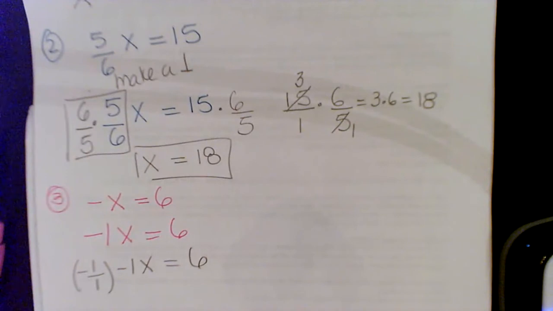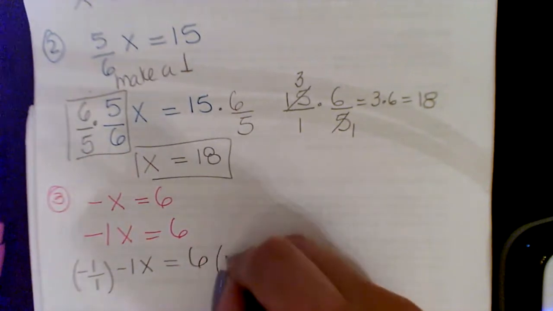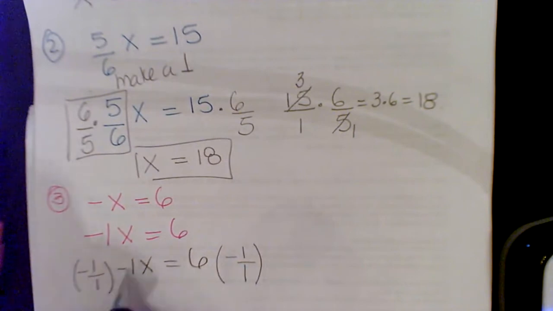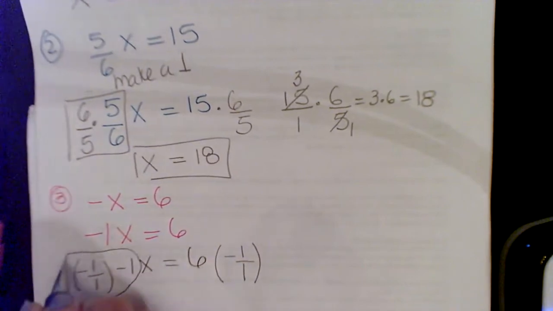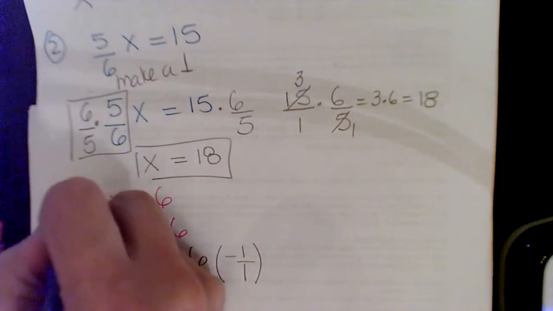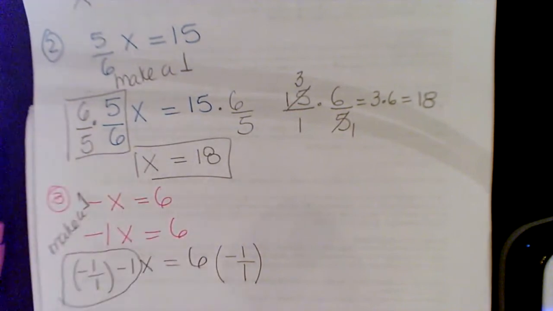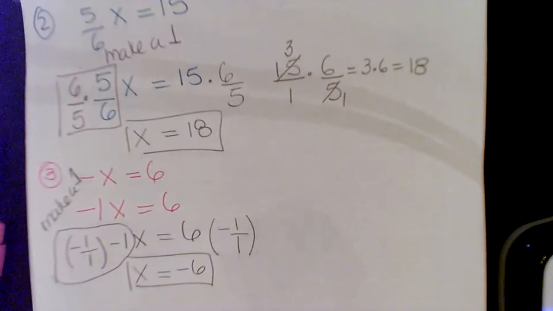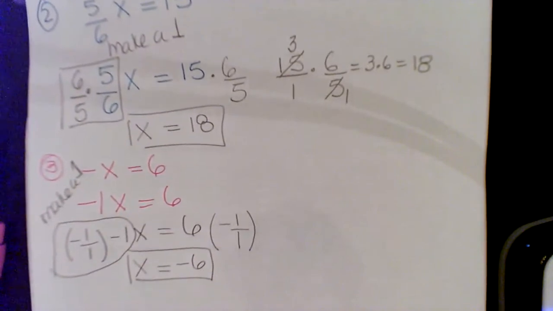Okay. And that's going to be done on both sides of the equation. So I'm making a 1. I'm multiplying. So x is equal to negative 6. All right.